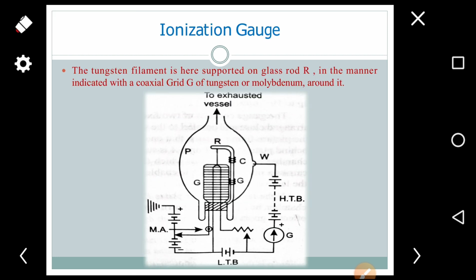This is a diagram of the ionization gauge, and there is a tungsten filament here. It is supported by the glass rod R, with the coaxial grid G of tungsten or molybdenum around it.